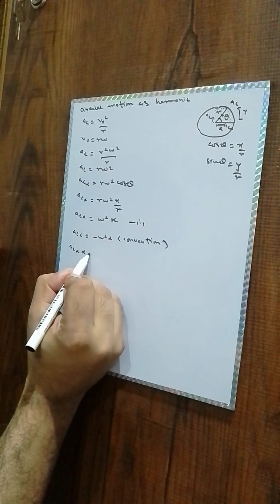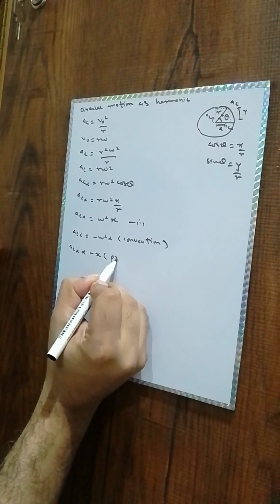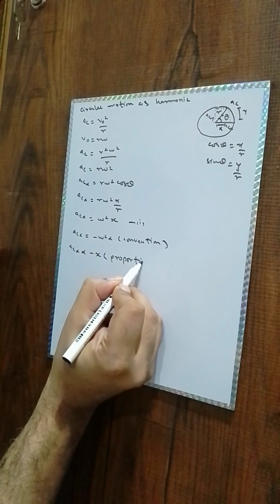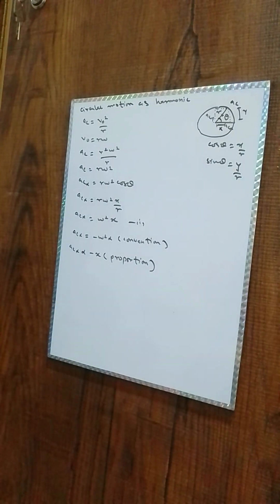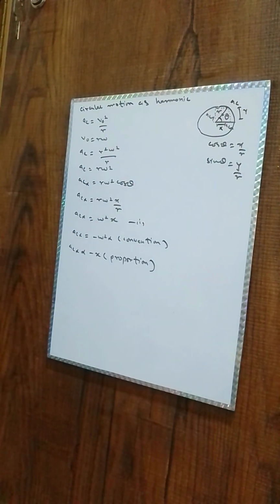ACX is directly proportional to negative x if we make a proportion. But in general, for magnitude, this is the form: AC is equal to omega squared x, and this is it.